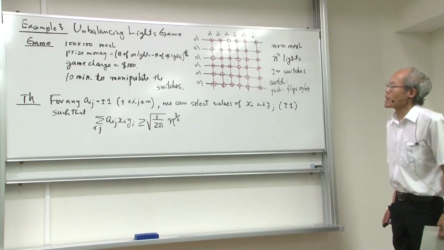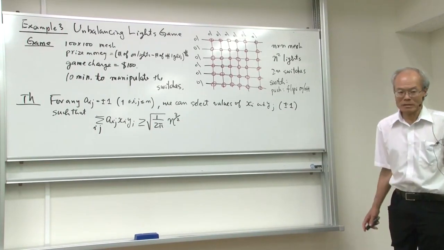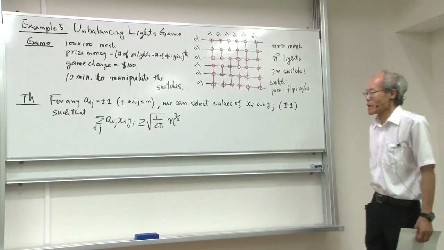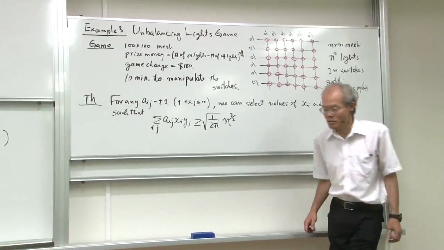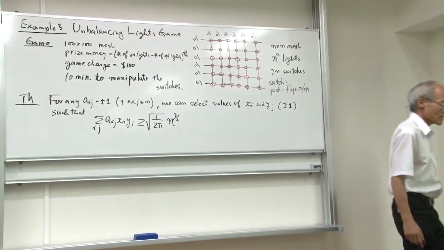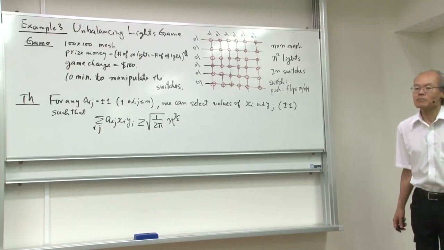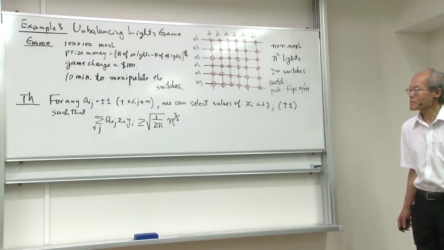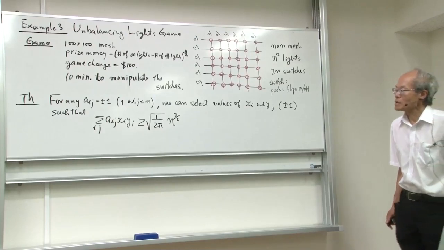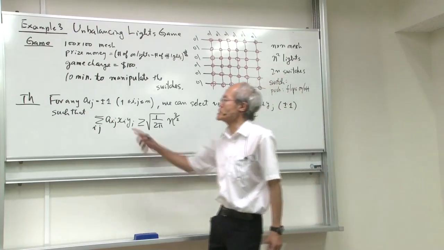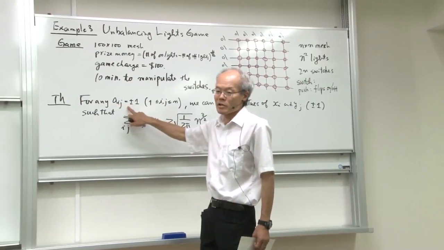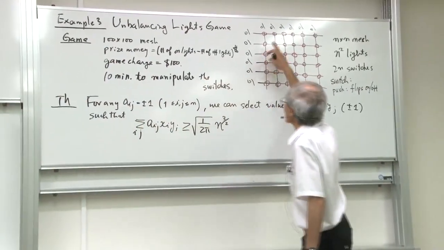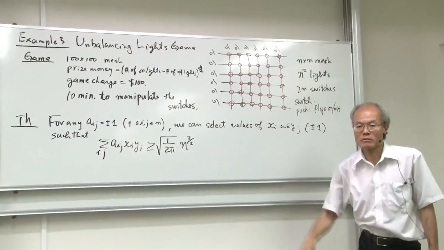We're using +1 and -1, and you can probably easily tell that +1 means on, -1 means off. For any given a_ij, +1 or -1, that is the initial on and off.